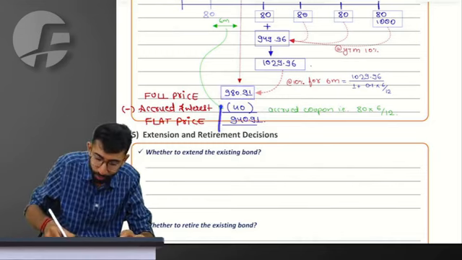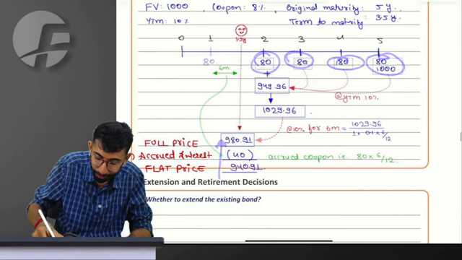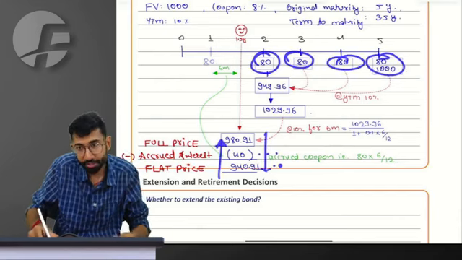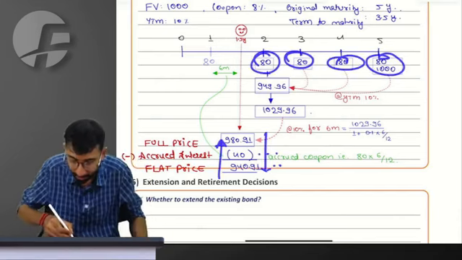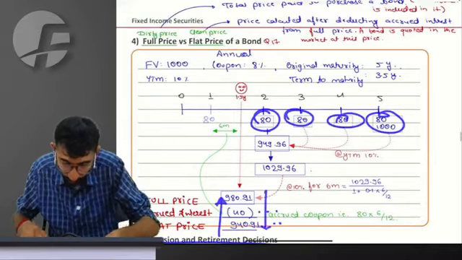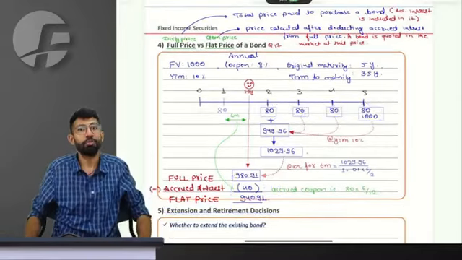However, when you do the present value of future cash flows, you first get the full price, deduct the accrued interest and get the flat price. This is everything with respect to this concept which I wanted to teach you.